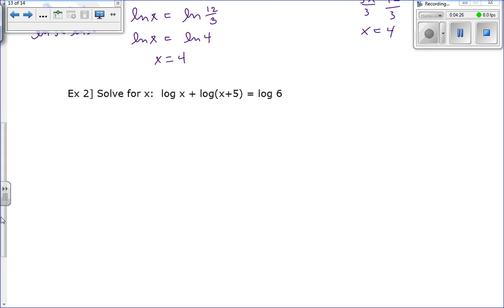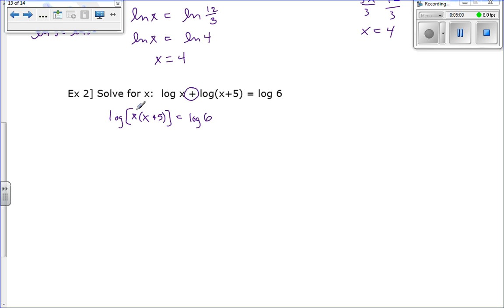For number 2, we have to solve for x again. We have log x plus log of x plus 5 equals the log of 6. This is base 10 because there is no base there. Well, because I have a plus sign, I have to follow my properties of log. So it is the log of x times x plus 5 equals the log of 6.